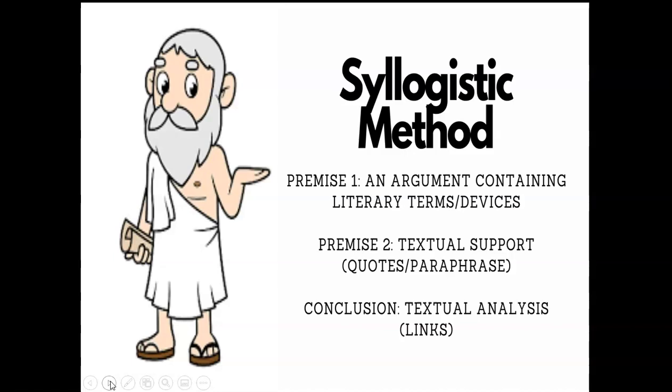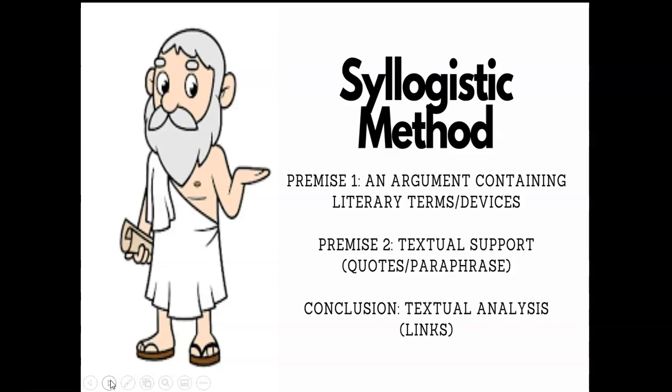The first premise is going to be an argument containing literary terms and/or devices. So this is why you don't need to say them in the introduction, because they're coming right at the beginning of the body paragraph. The second premise is going to be your textual support, and I tell my students to teeter-totter balance their quoting and paraphrasing.